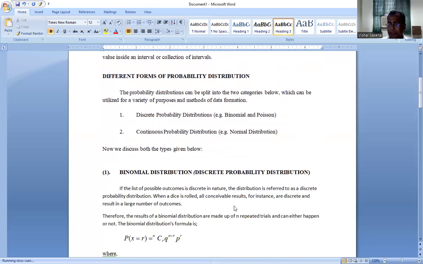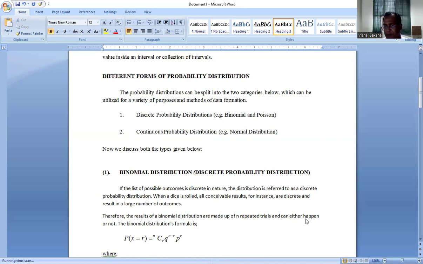So today we are discussing the binomial distribution, which is an example of the discrete probability distribution. If the list of possible outcomes of a random experiment is discrete in nature, meaning the possible outcomes are finite, it is called a discrete probability distribution.